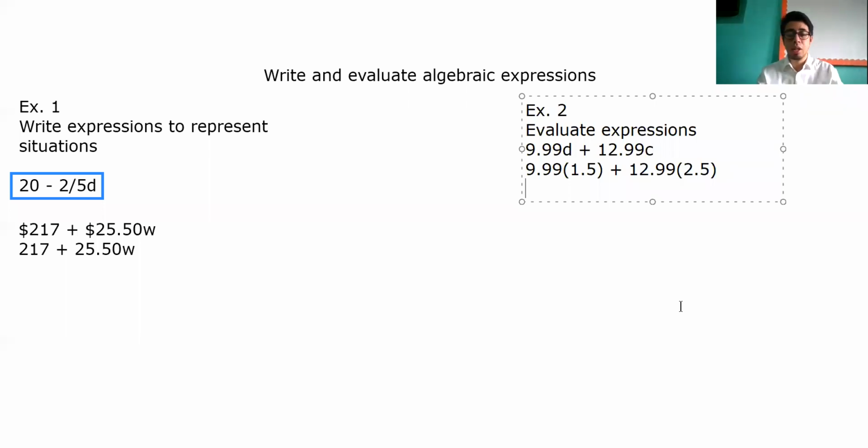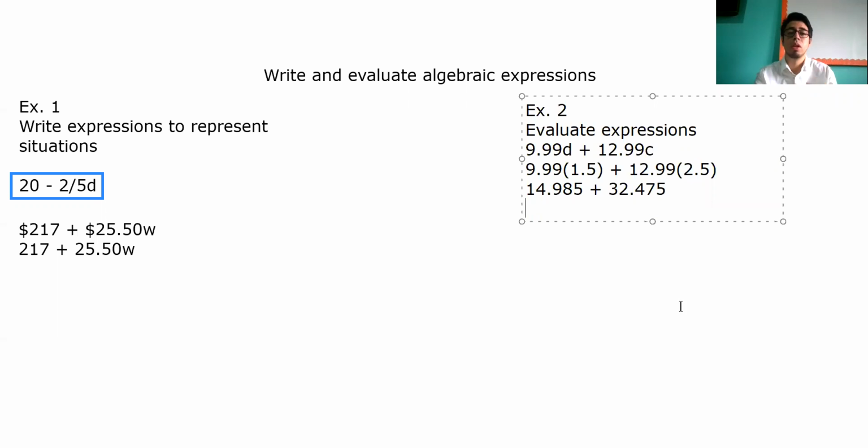Then we obtain 14.985 plus 32.475. This is the amount of money he's going to pay for the almonds and for the cashews, so we only add to obtain the total amount of money that he's going to pay.